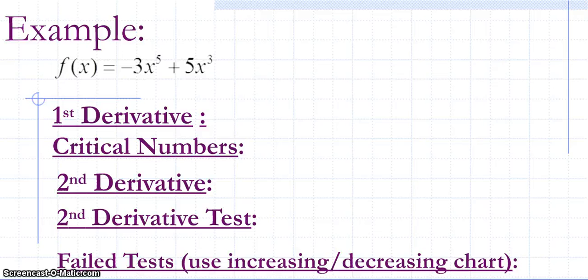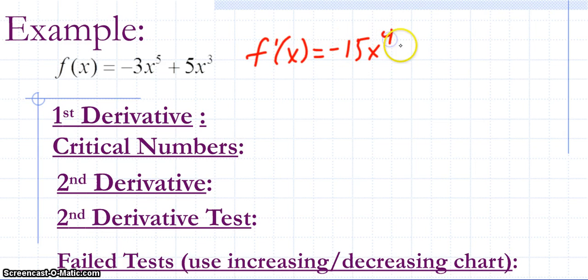Alright, so first let's find the first derivative. We need to find the critical values. So f prime of x is negative 15x to the fourth plus 15x squared. Now we want to find our critical value, so we're going to set this equal to 0. And I'm going to factor out a negative 15x squared.